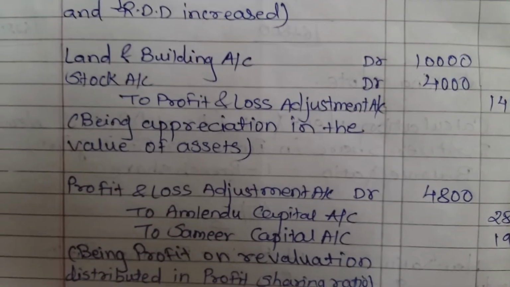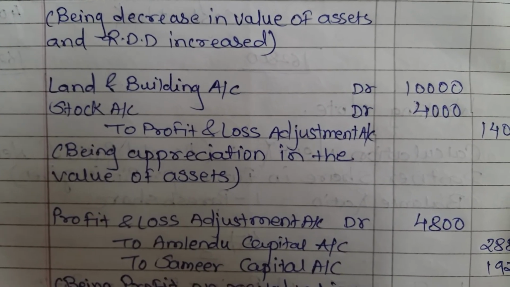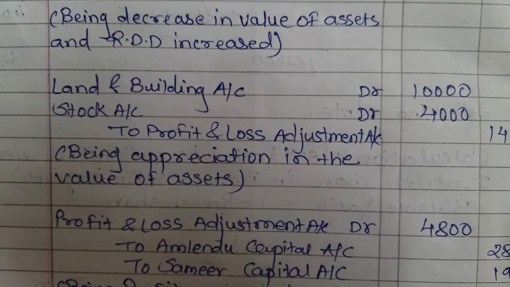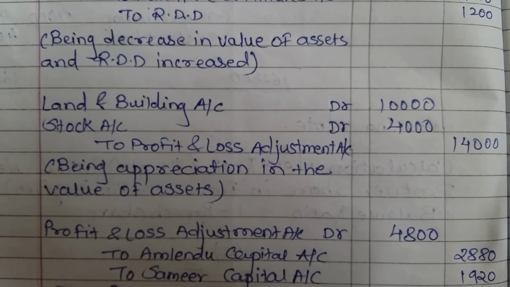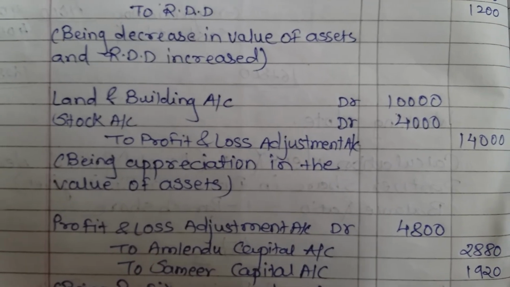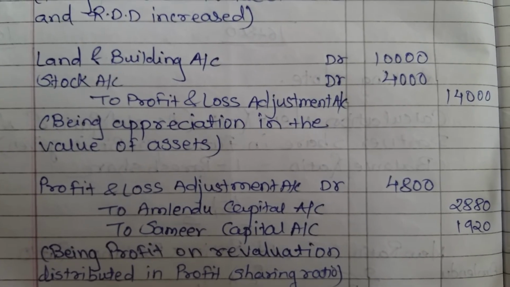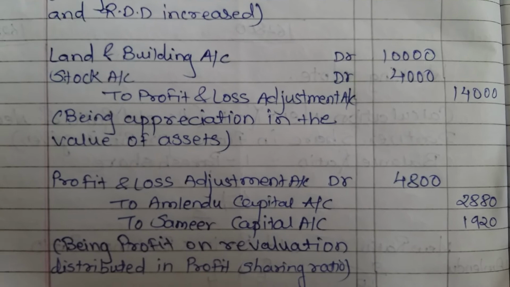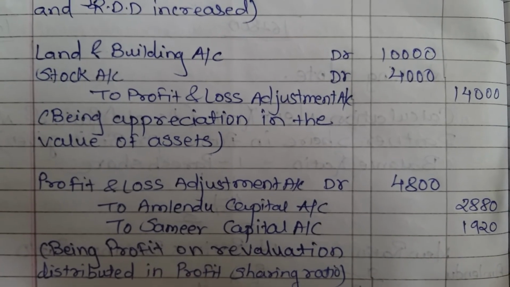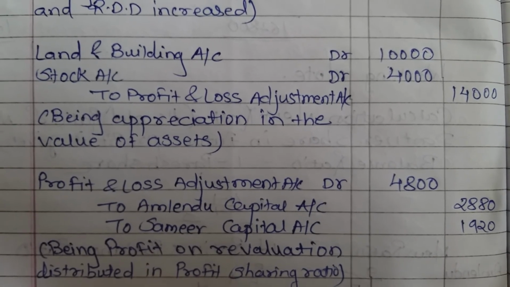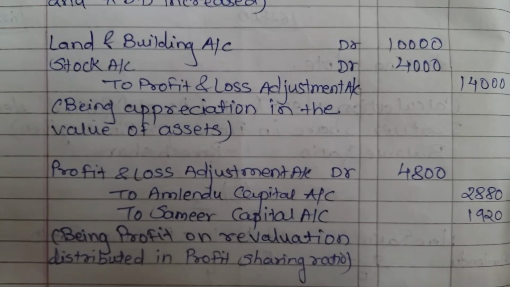After that, now see the third entry: Land and Building Account debit 10,000, Stock Account debit 4,000, to Profit and Loss Adjustment Account 14,000, being appreciation in the value of assets. Then we will pass the entry for profit or loss on the revaluation of assets and liabilities, and that will be: Profit and Loss Adjustment Account debit to Almendo Capital Account, to Samir Capital Account, being profit on revaluation distributed in the profit sharing ratio.